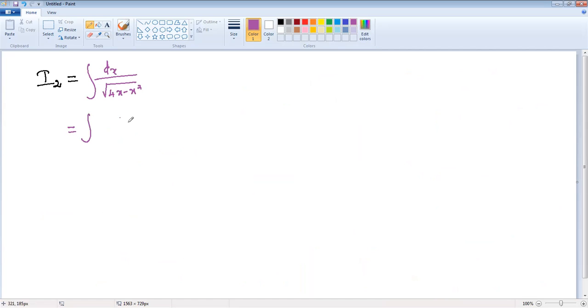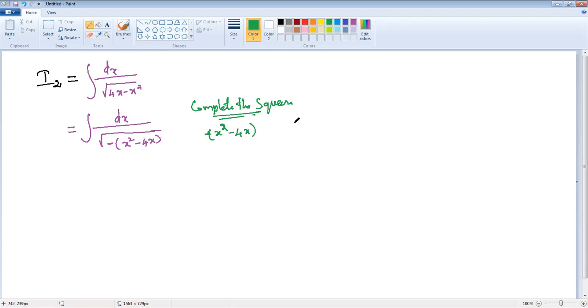If you want to complete the square, the x square term must be positive, right? So you take minus outside, so it becomes minus in (x square minus 4x). Now you complete the square for x square minus 4x.